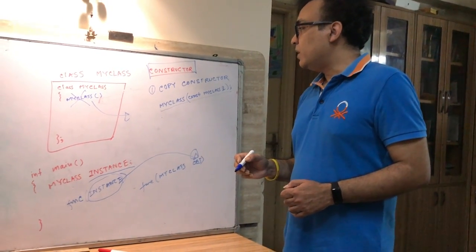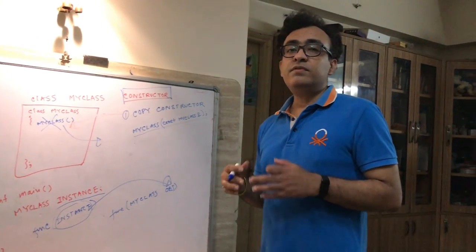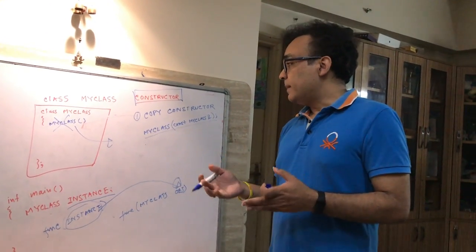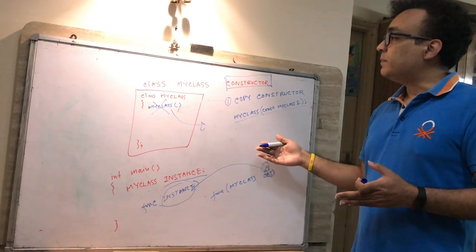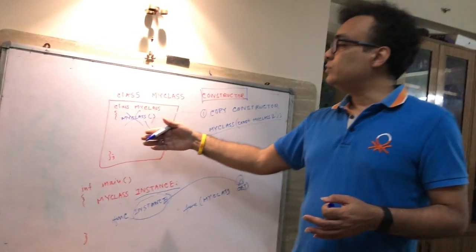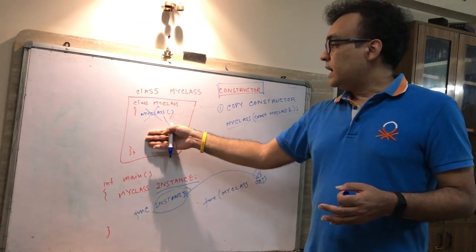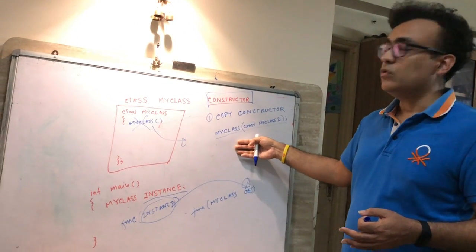Now why do we need to write this copy constructor? That requires some further discussion, because if you don't write this copy constructor and you do some memory allocation, then there will be a shallow copy of the memory.